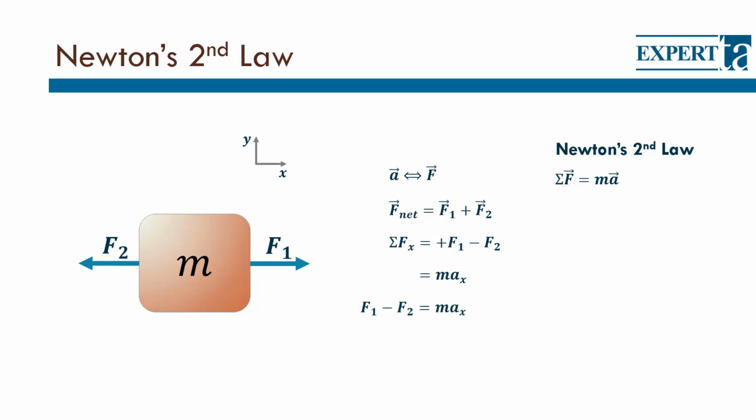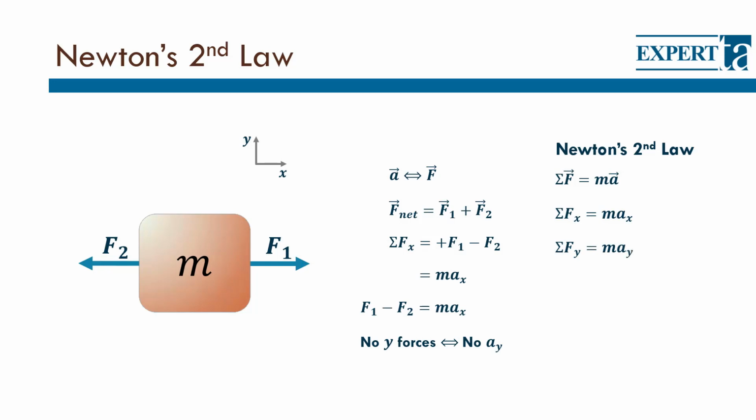In this case, there are no y forces, and that implies no acceleration in the y direction. This is the equivalent of Newton's second law in vector form. In component form, the sum of all forces in the x direction is mass times acceleration in the x direction, and the sum of all forces in the y direction is mass times acceleration in the y direction.